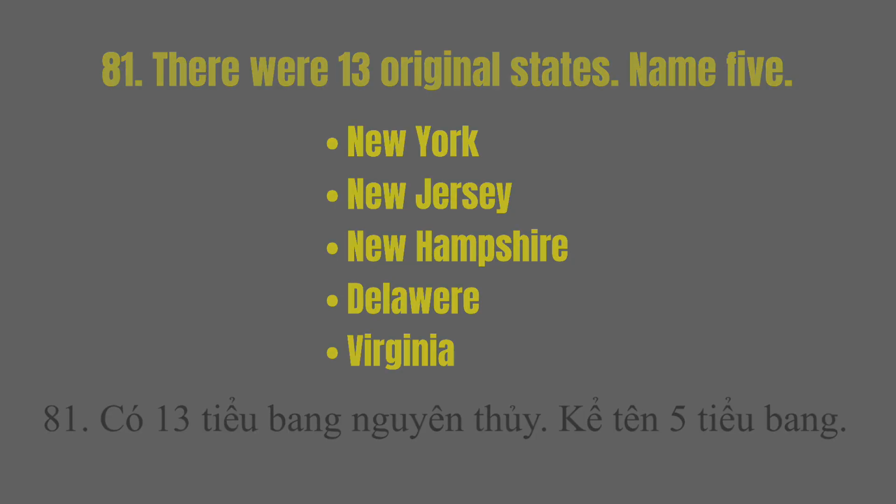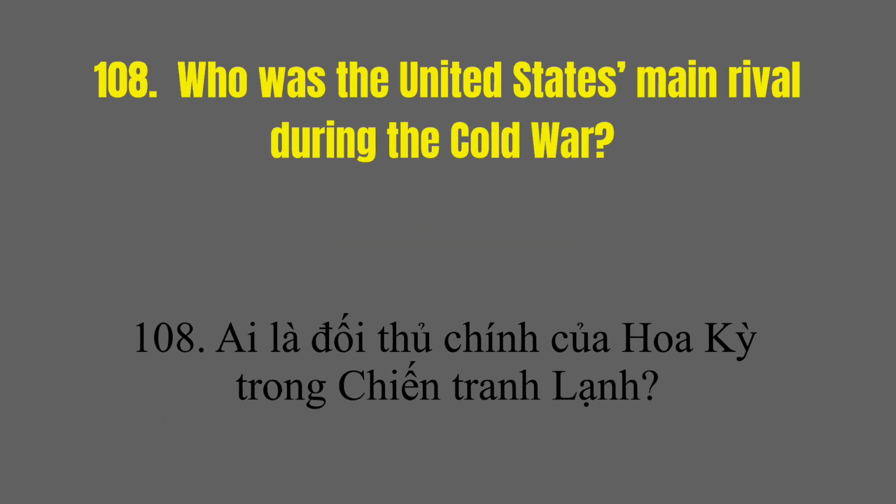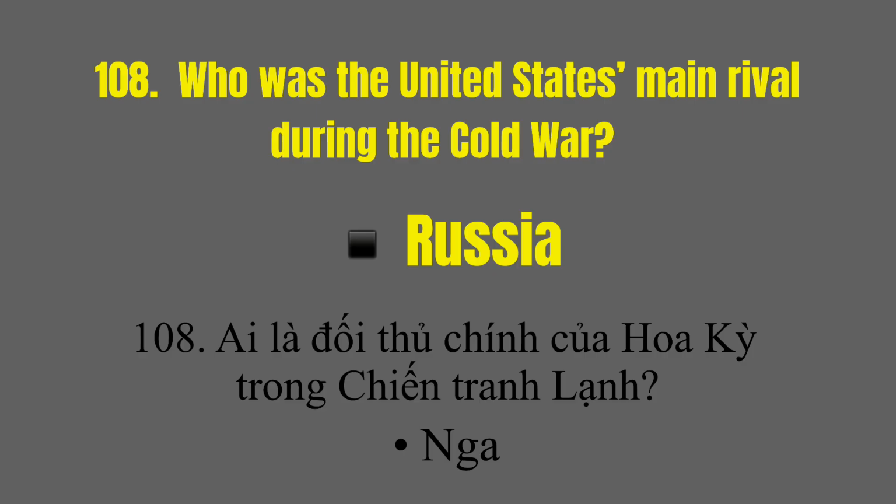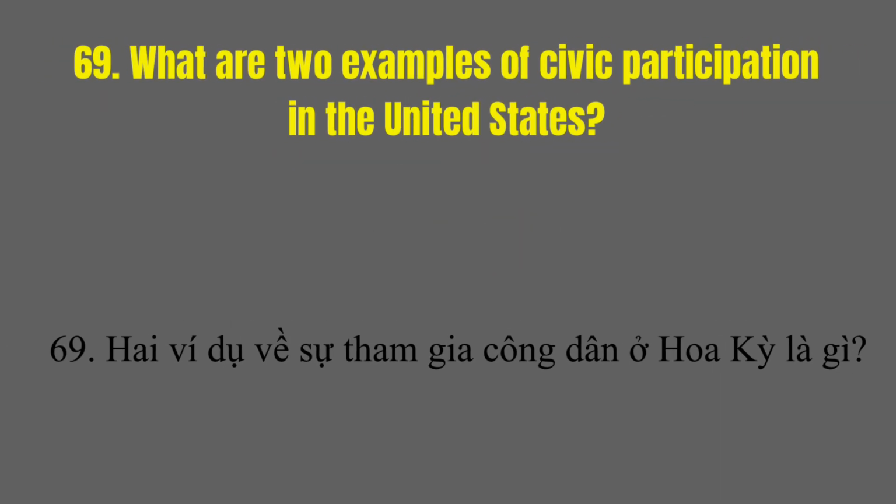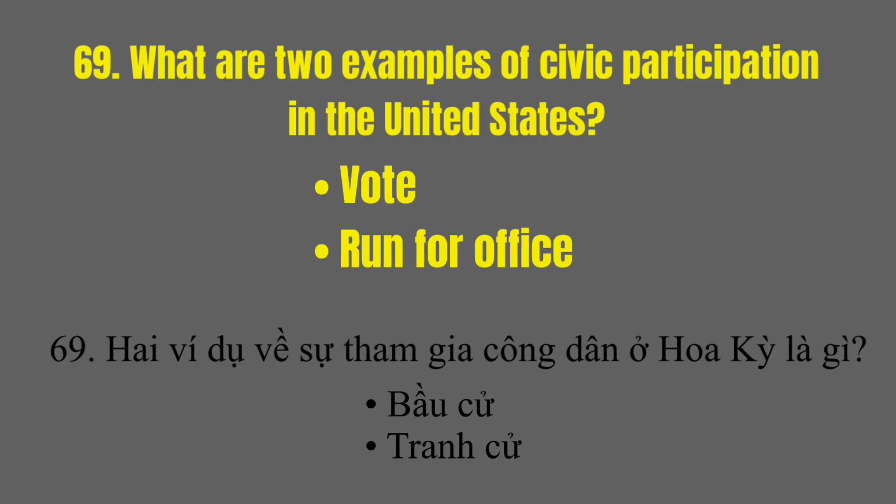Who was the United States' main rival during the Cold War? Russia. What are two examples of civic participation in the United States? Vote. Run for office.